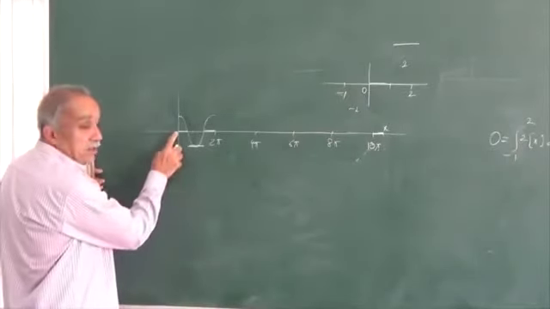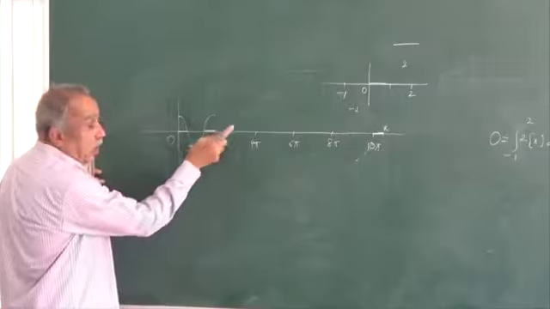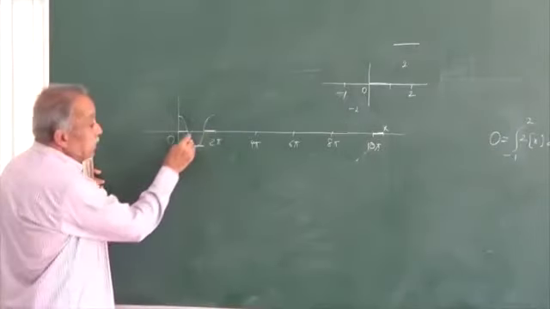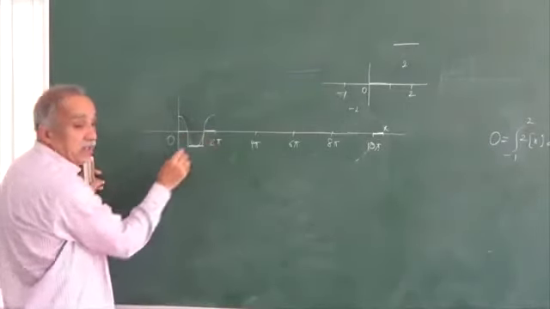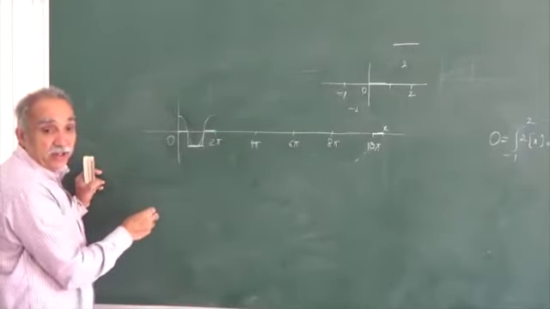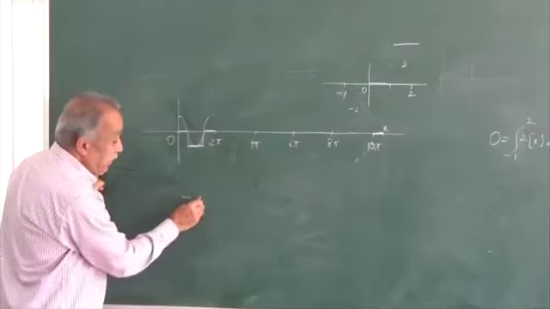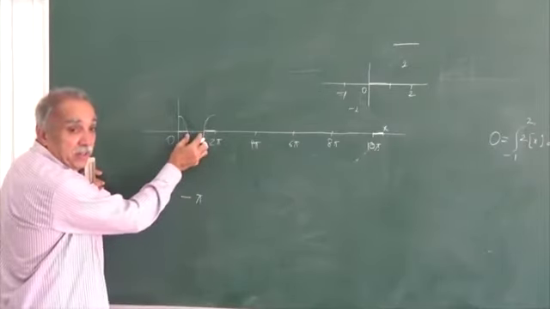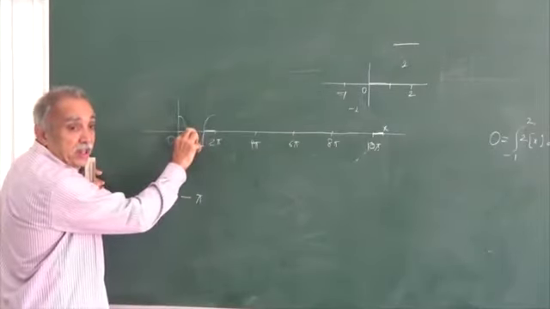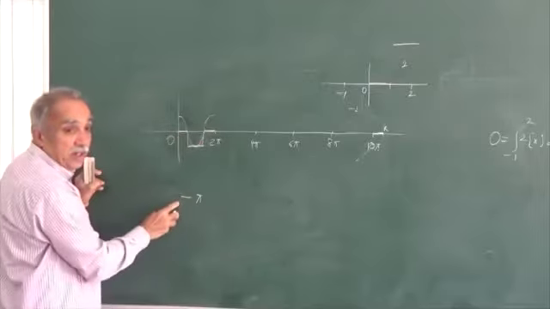What is the integral from 0 to pi of our graph? It is simply the area covered by this rectangle with a negative sign. How much is it? Minus pi. The width of the interval is pi, the depth is 1, so the area has numerical value pi with a negative sign.